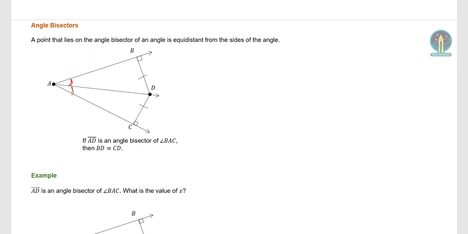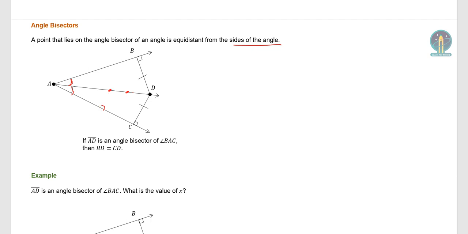So if I pick any point on this angle bisector, and I find the distance between this point and any of the sides of the angle, to do that, I have to drop a line that is perpendicular to the side of the angle. So it has to be perpendicular like that, not perpendicular like that.